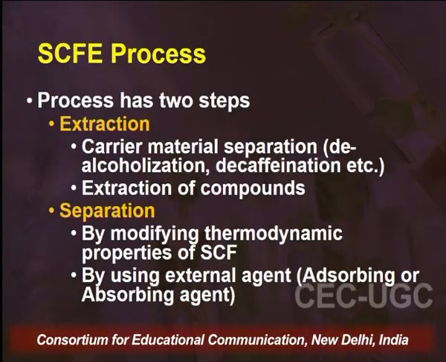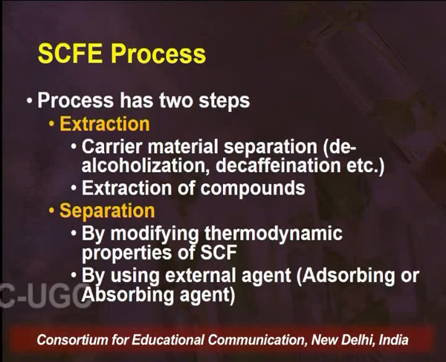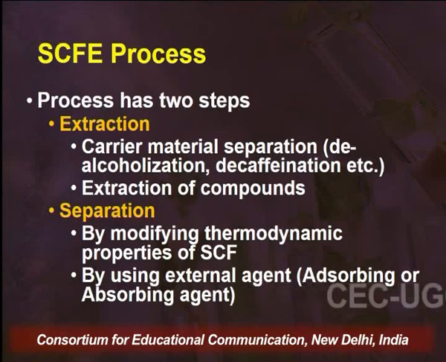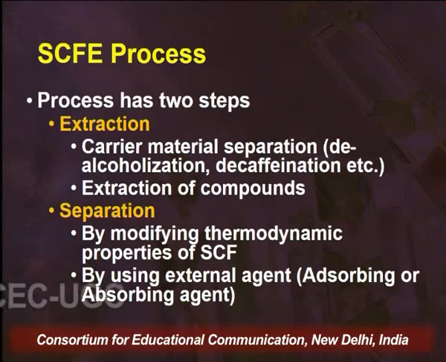Now, extraction can be of two types depending upon the end result or the end product. The first one is wherein the feed material or the plant matrix is separated from the non-required constituent. Say for example, we have come across the term decaffeinated tea or coffee, from which caffeine has been removed.